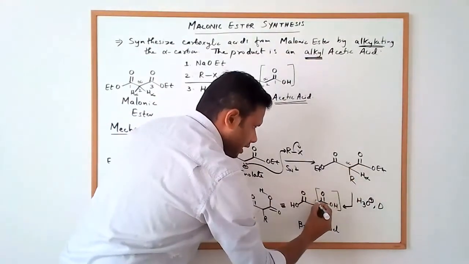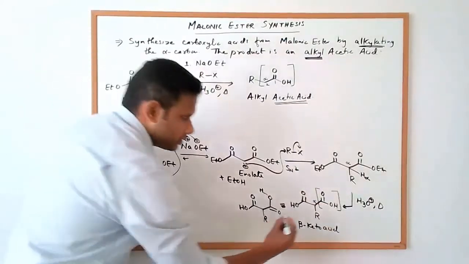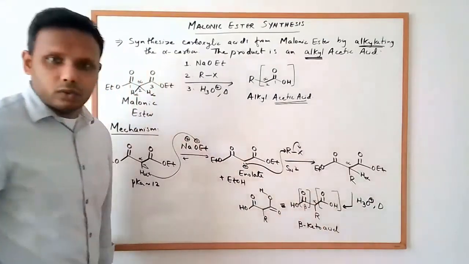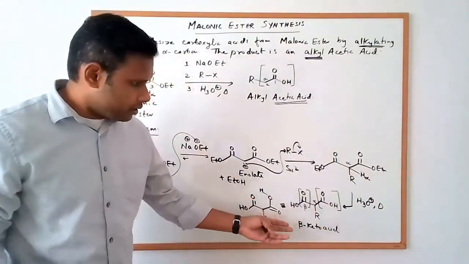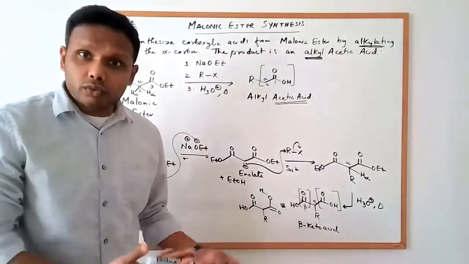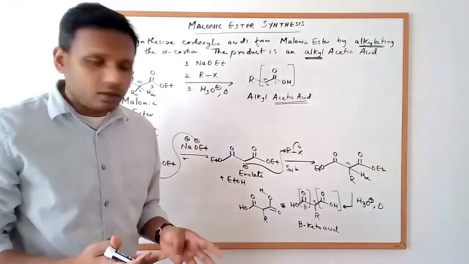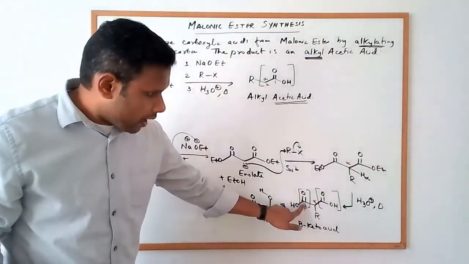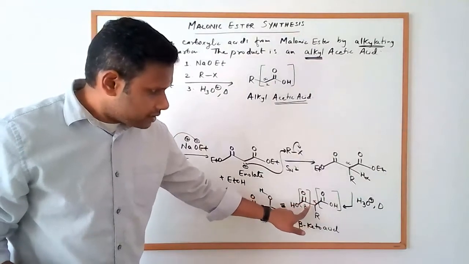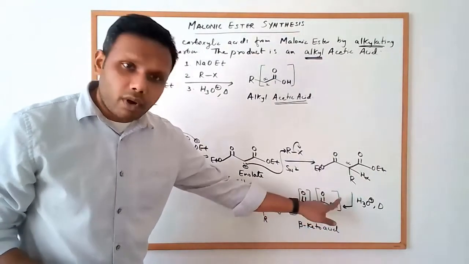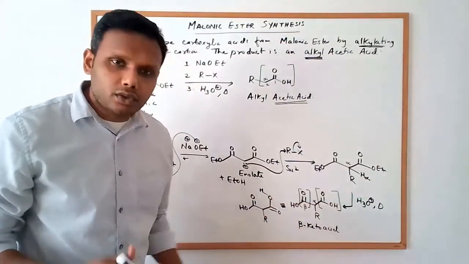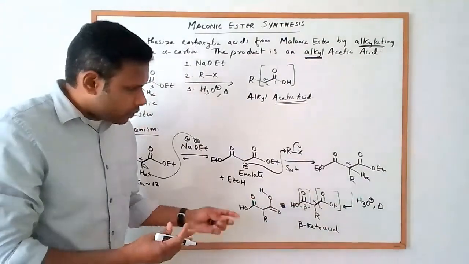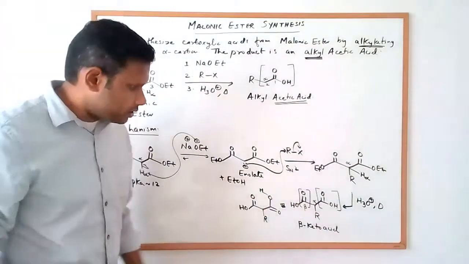Remember, this carbon was the alpha carbon, and on the beta carbon there is a C double bond O. It is an acyl group here, but it's a C double bond O. It could also be a keto group, like just a carbonyl group. In this particular case, it is an acyl group, but that's fine. So whenever you have a C double bond O that's beta to a carboxylic acid, we can call it a beta-keto acid. And the beta-keto acid has been rewritten in a different orientation.